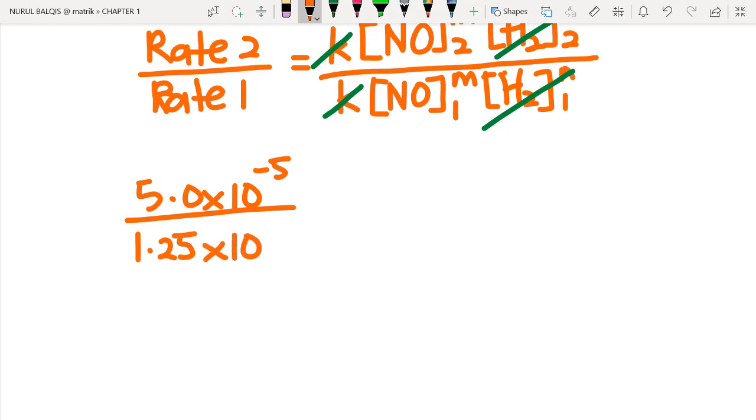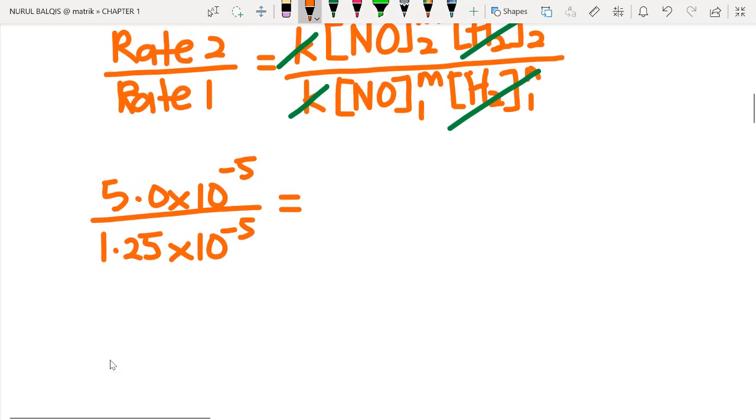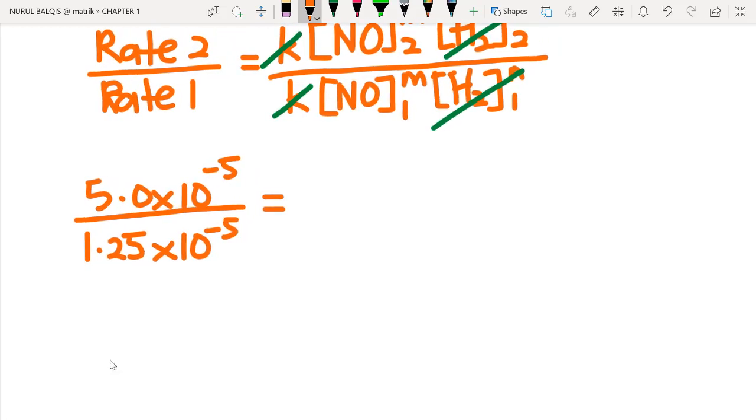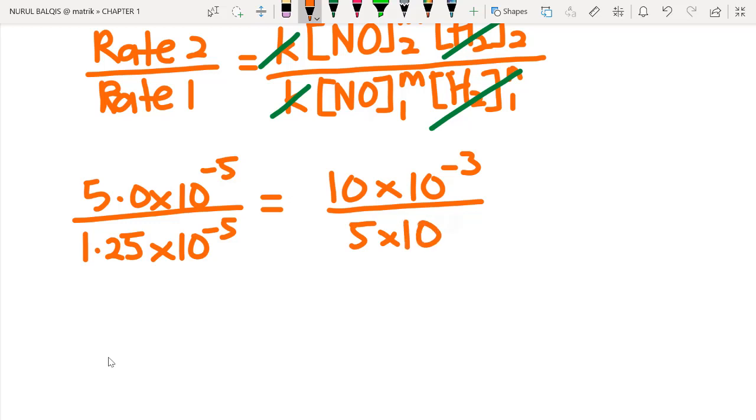We have 5 × 10 to the power of negative 5 divided by 1.25 × 10 to the power of negative 5 is equal to the concentration of NO for experiment 2, 10 to the power of negative 3, divided by the concentration for experiment 1, to the power of negative 3, and don't forget the order of reactions here, which is m.